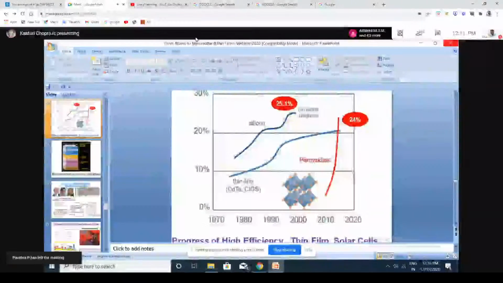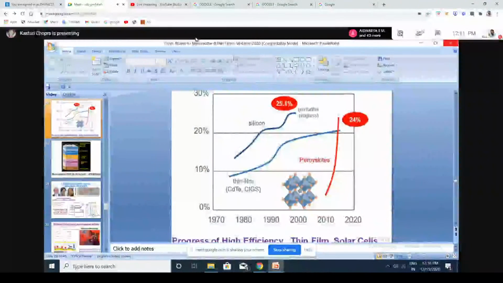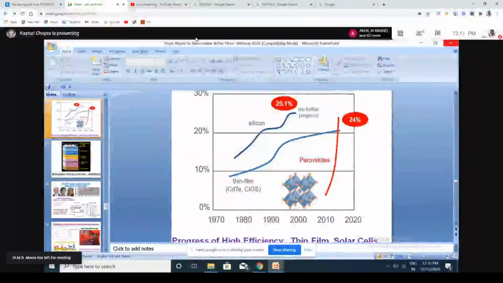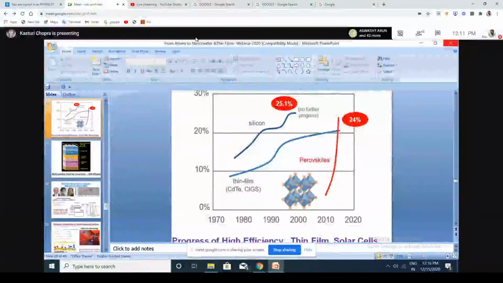But there are three cells that really are important today. One is, of course, the silicon. Silicon going to 25% efficiency already, and it will probably continue for a long time before thin films take over completely from it.